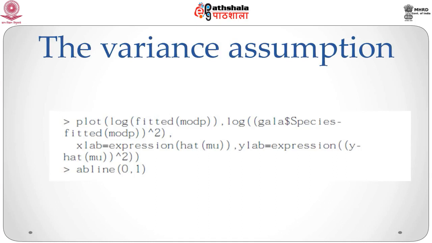A key assumption of Poisson regression is that the mean is equal to the variance. Let us see if this holds for this data set. It is difficult to estimate the variance for a given value of the mean, but we can use (y minus mu hat) squared as a crude approximation. We plot this crude estimate of the variance against the mean.